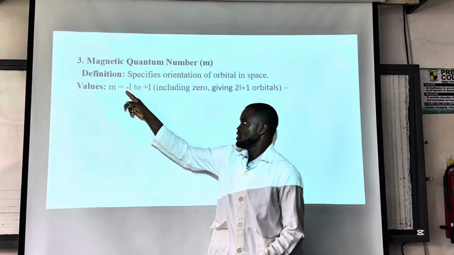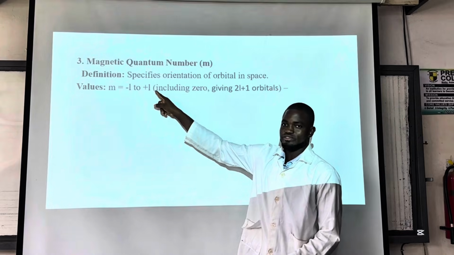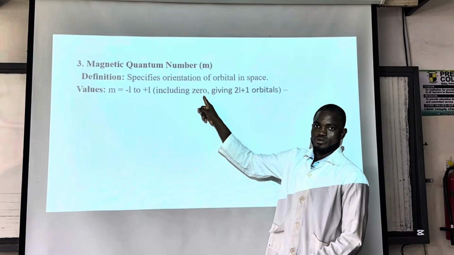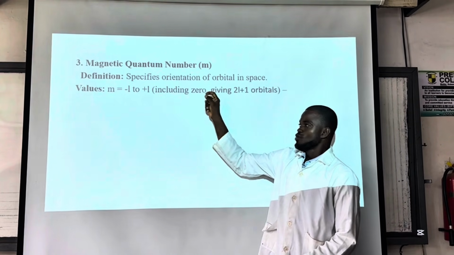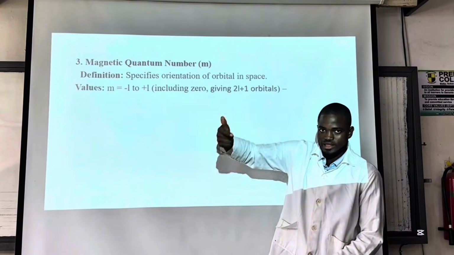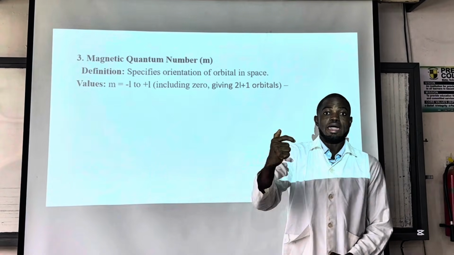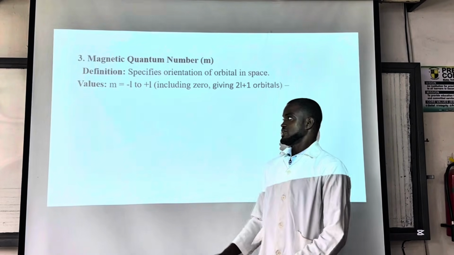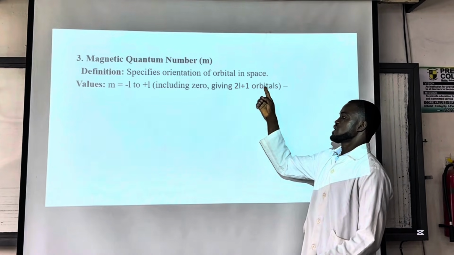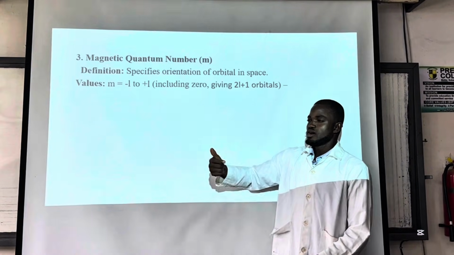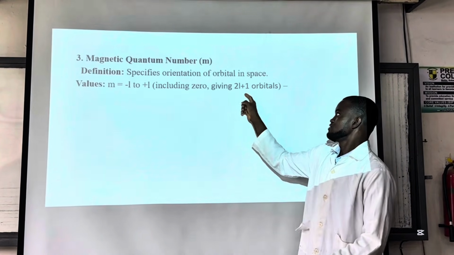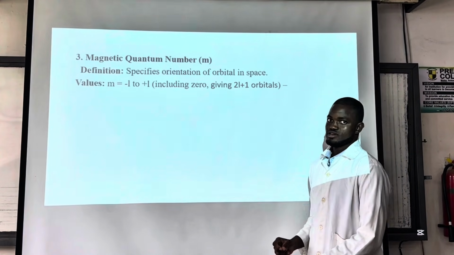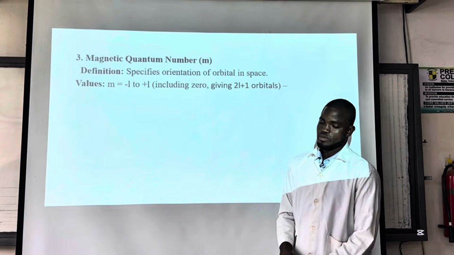Values of m is always from minus l to positive l, including 0. Which means that when you know l, you can know the possible values of m. And that will give us 2l plus 1 orbitals, the number of orientations that you can have.